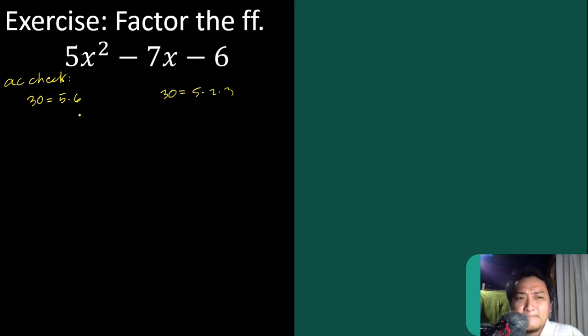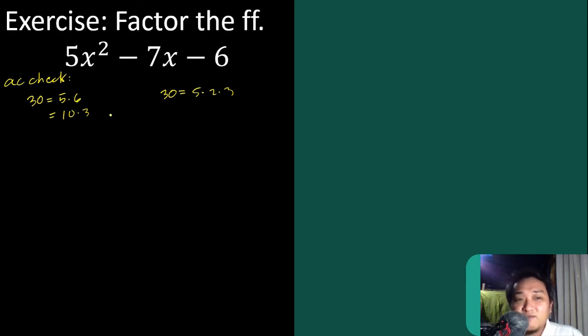Now we can identify other factors of 30 aside from 5 times 6. We can also have 10 times 3. Okay, this is 10 and this is 3. So that is 10 times 3. Now, once we have a pair of factors of 30 that can give 7, we will stick to those factors.